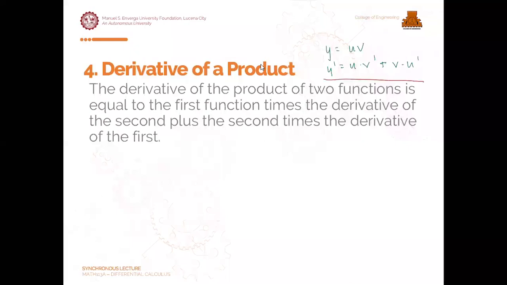So pero paano lumabas yan? So papakita ulit natin kung paano na-derive yung given formula na yan. No? So we have y is equals to uv. So we have y plus delta y is equals to u plus delta u times v plus delta v. Okay?